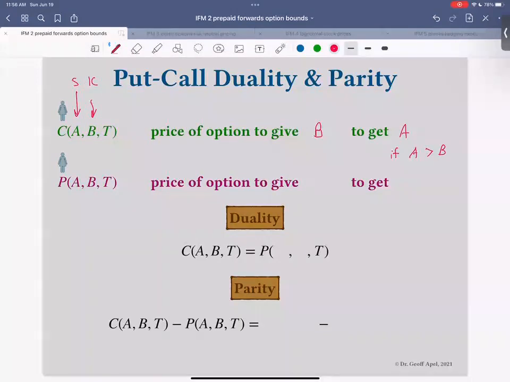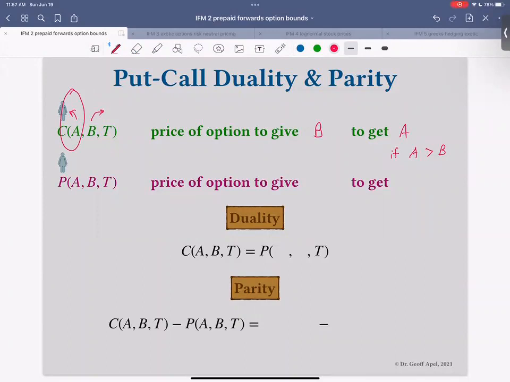The way I think of this to myself is that I'm going to give away the second parameter to get the first parameter. And that's why it's called a call, because you're calling the stock to you.